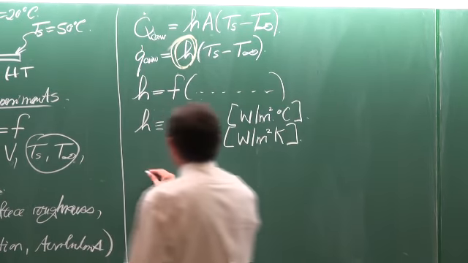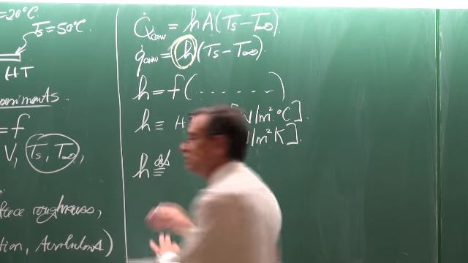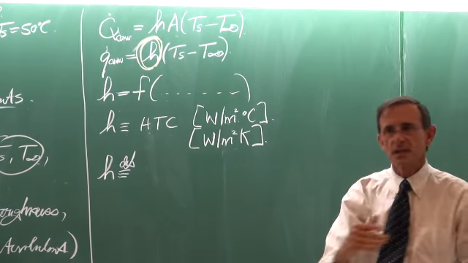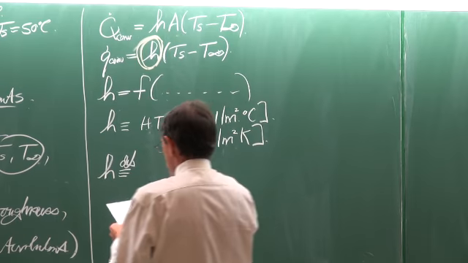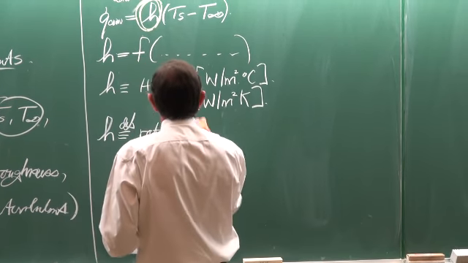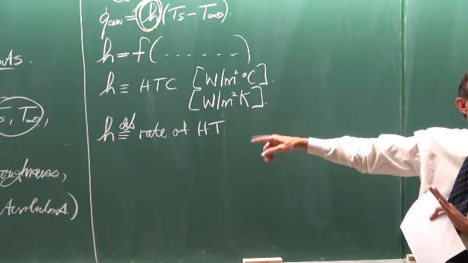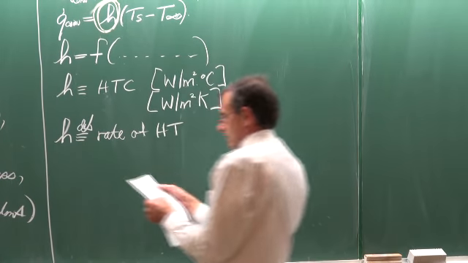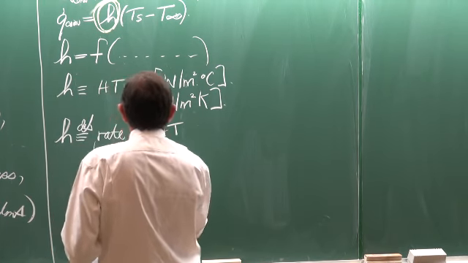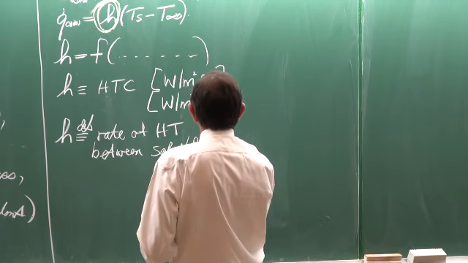Right, now this heat transfer coefficient has a definition. And the definition is quite long, and I'm going to write it down as 4 important steps. This definition says it is actually the rate of heat transfer between a solid and a fluid.